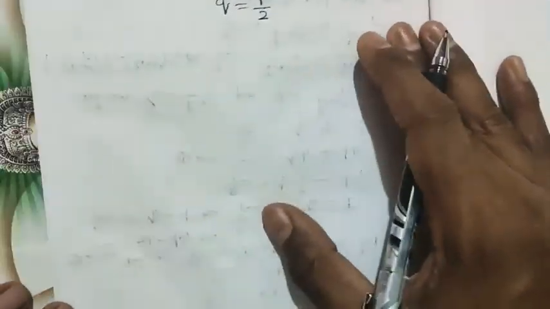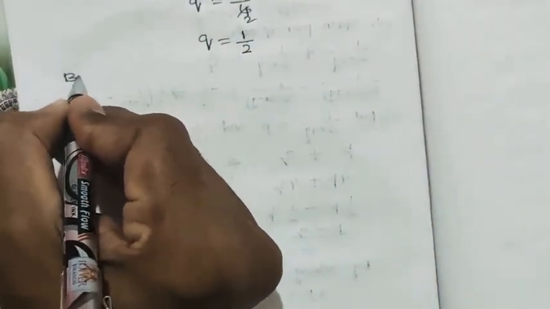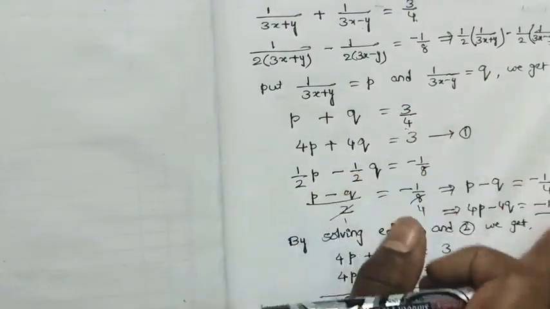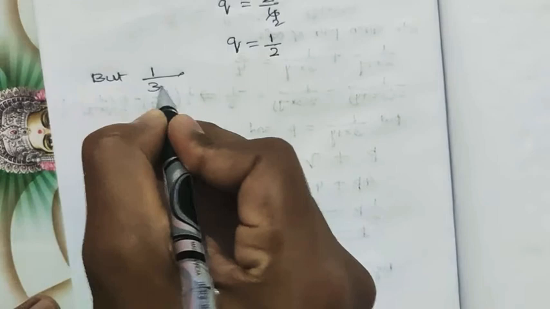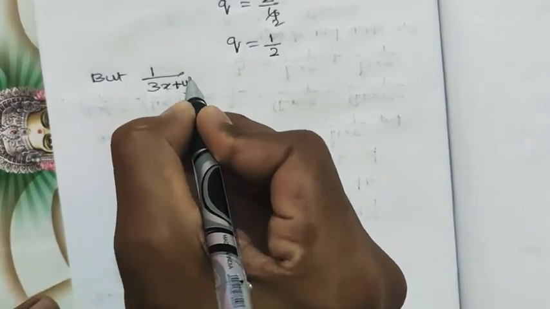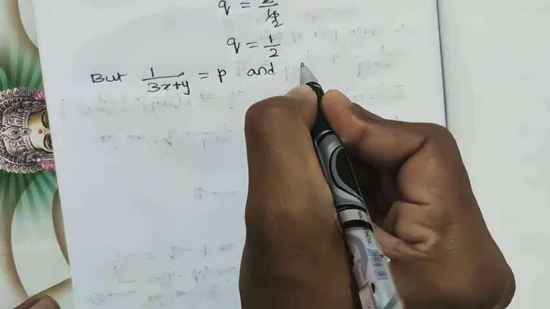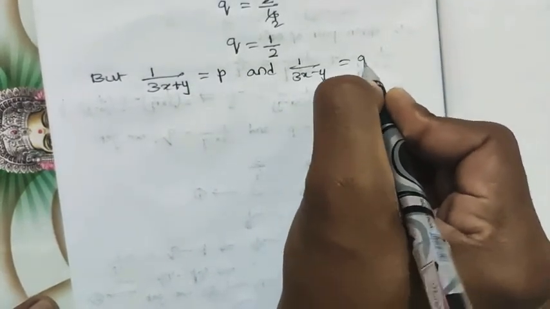You had to write those two lines: 1 by 3x plus y is equal to p and 1 by 3x minus y is equal to q.